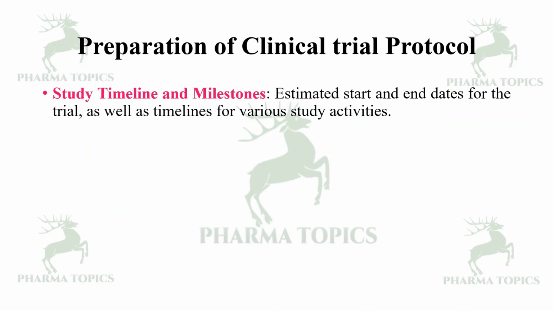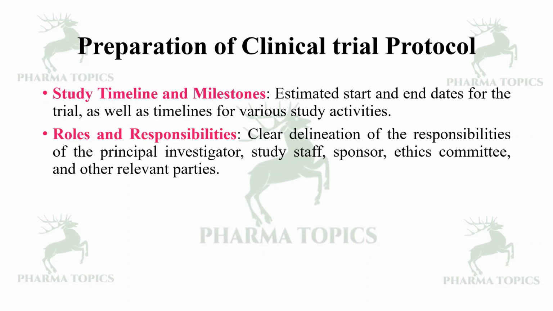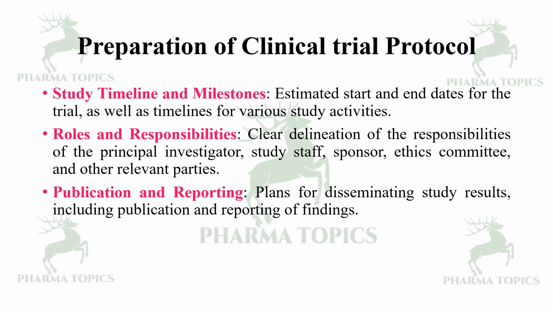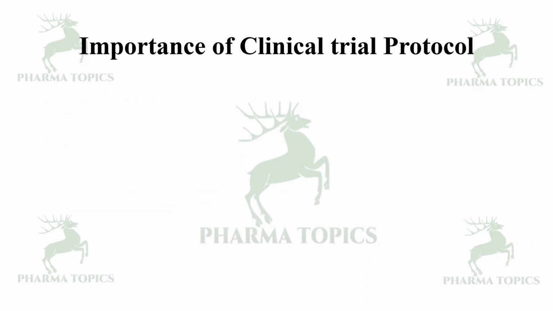It should have an estimated start and end date for the trial, as well as the timelines for various study activities. Then roles and responsibilities. There should be a clear delineation of the responsibilities of the principal investigator, study staff, sponsor, ethics committee, and other relevant parties. Then publication and reporting. It should have a plan for disseminating the study results, including publication and reporting of findings.